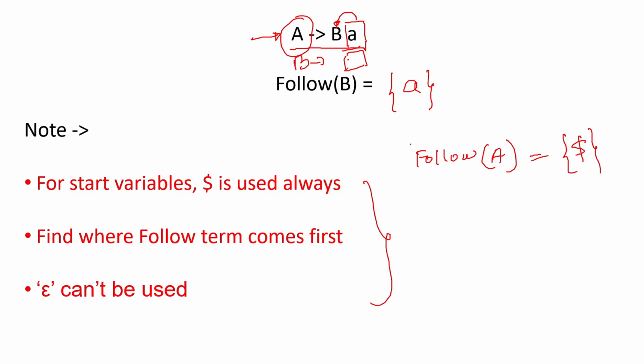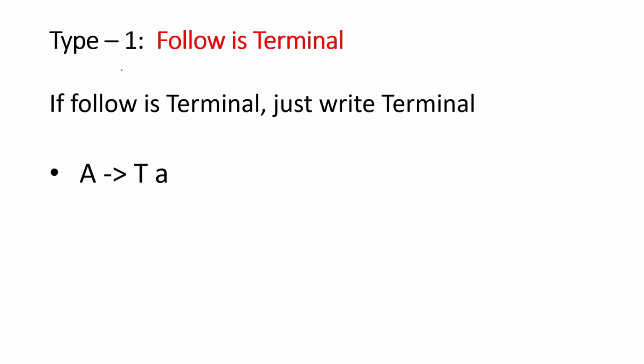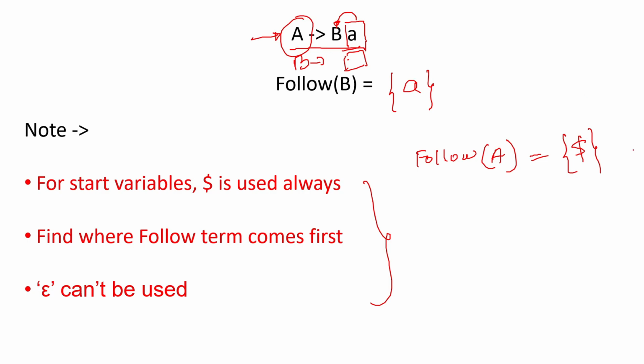Let's see some examples here. We have three types here. In case of follow we have three types, that is, if my follow is a terminal. We have previously discussed what is terminal and non-terminal. So here we can see terminals are small letters like a, b, c, or symbols like plus, star, bracket.